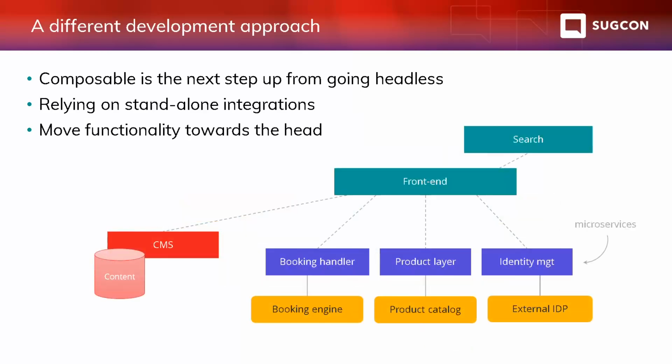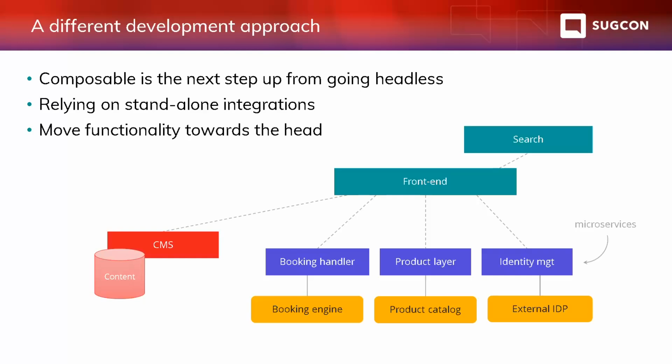And when you go composable, you're actually decoupling all of the elements in your architecture. And the CMS is one of the data sources, like your other external data sources with maybe product data or maybe booking information. So you are really relying on standalone integrations.